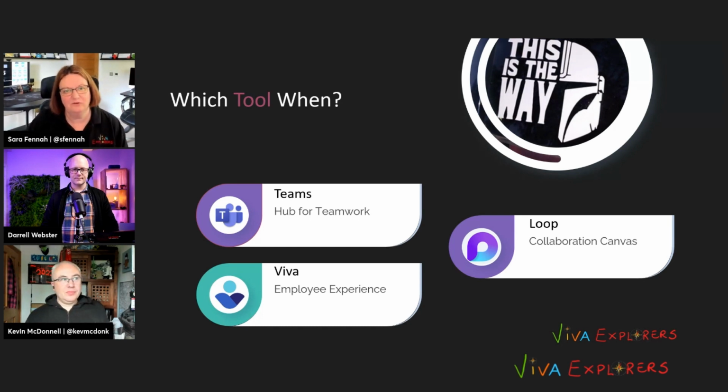It's there to support the employee experience. It's there to help businesses be good employers, have happy, productive, connected, empowered employees. And we all know that hits the bottom line.